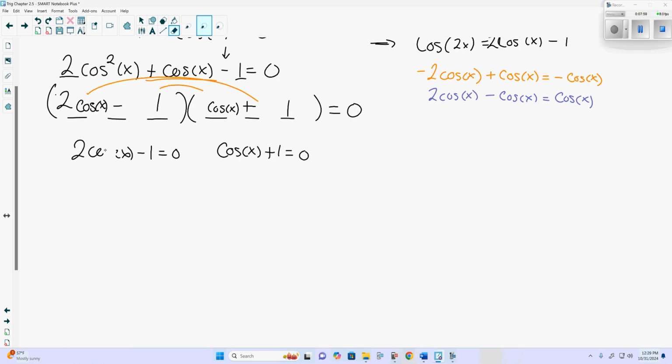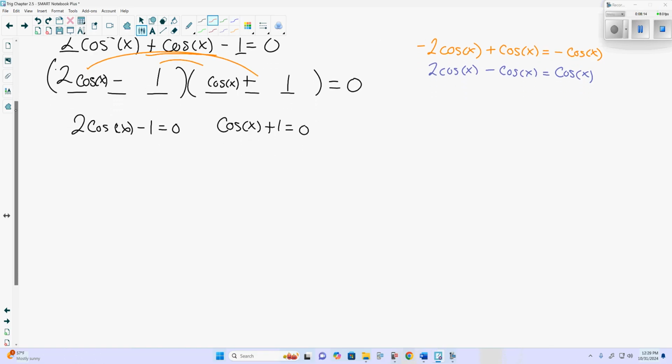And we have 2 things multiplied together to equal 0, so one of these has to be 0. So we're going to set both of them equal to 0 and then solve. Now for the one on the left, the first thing we can do is add 1 to both sides, telling us that 2 cosine of x is equal to 1.